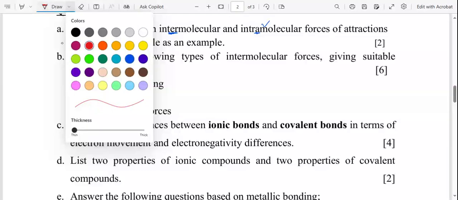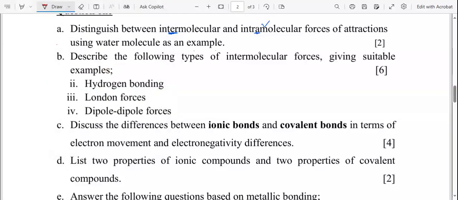Let me start with this one. Intramolecular forces, these are forces within molecules. So they are forces within a molecule, e.g. in a water molecule, the H is bonded like that, so the bond between O and H, this bond here, is what we call inside of the molecule.